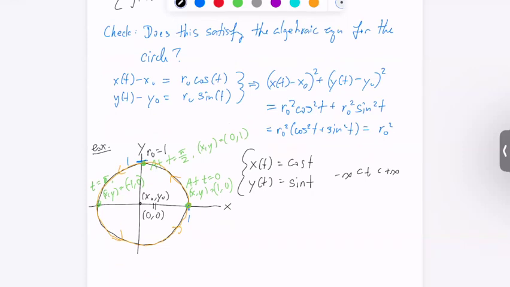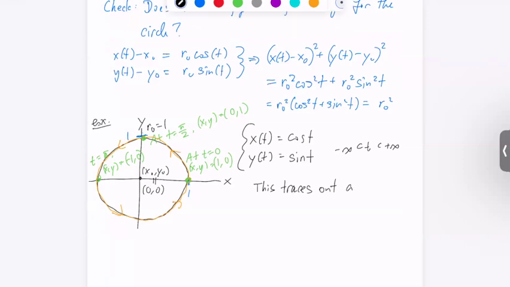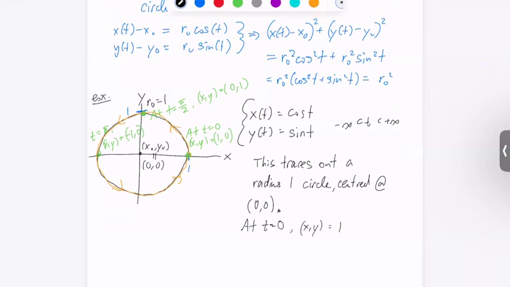So this traces out a radius 1 circle centered at the origin, and at t equals 0, xy is equal to 1, 0, and this parameterization traces out the circle counterclockwise.